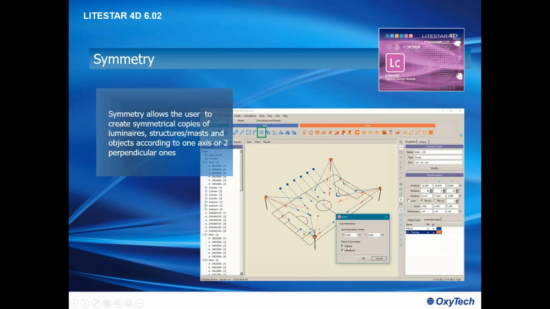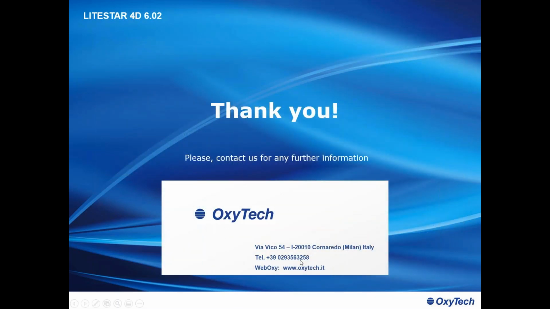If you select vertical and horizontal, automatically the program will symmetrize following two different planes, creating three other high masts. As you can see, once you symmetrize the high mast, you symmetrize the panels, but you also symmetrize the aimings.